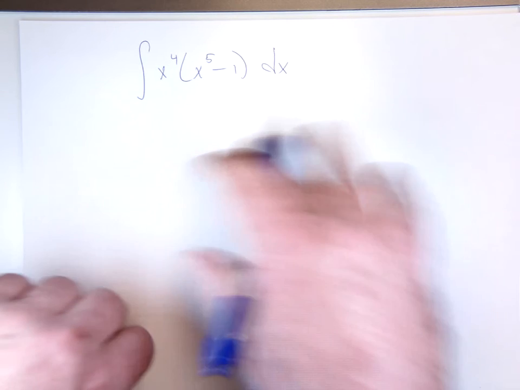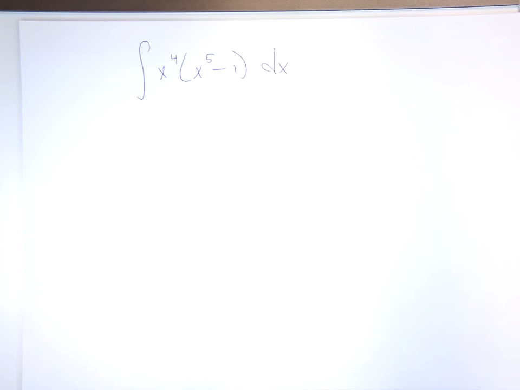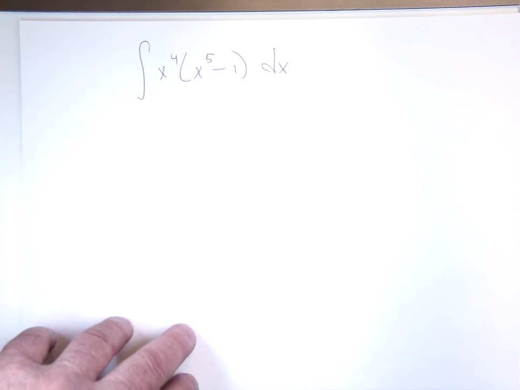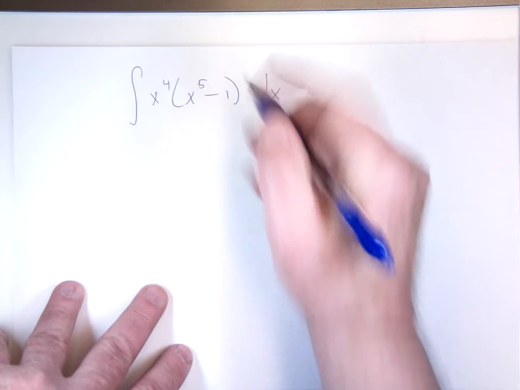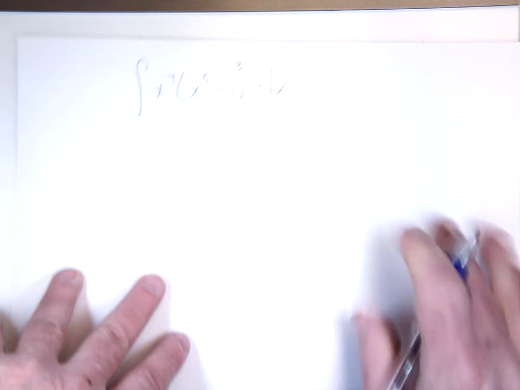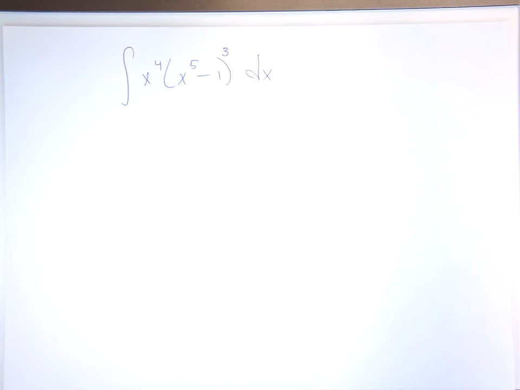Here's what Damien is saying. Let's suppose you have this problem to do. You could do this by multiplying that thing out, cubing that x to the 5th minus 1, multiplying each term by x to the 4th and integrating term by term. You could do it, but not the best way.